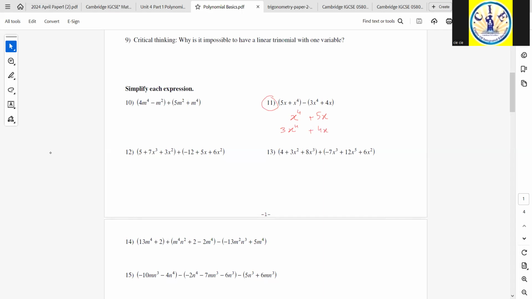Okay, when you need to do it, since you need to subtract this polynomial, you do a subtraction. So when you do the subtraction, actually what happens? The signs of the terms change.